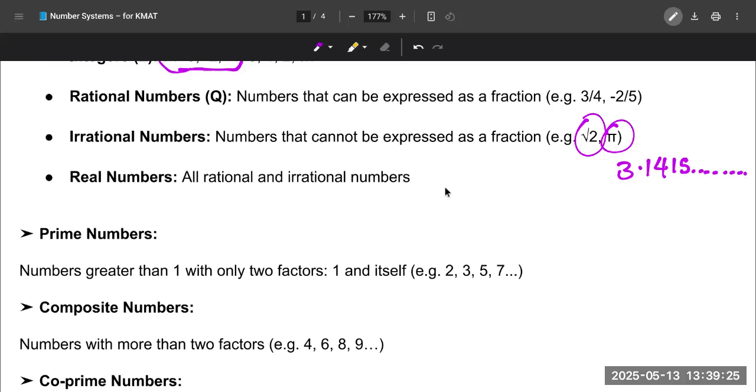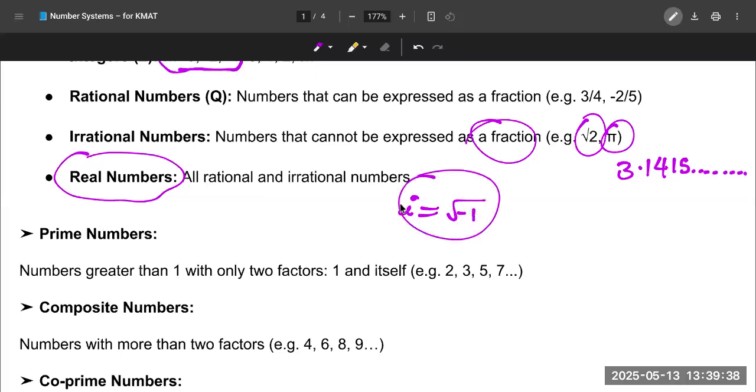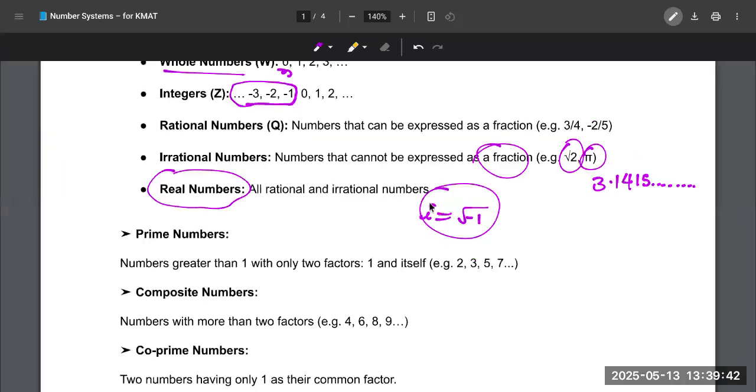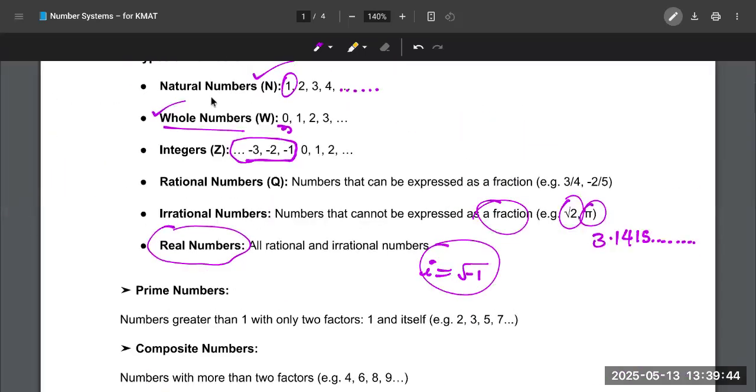So root 2, we cannot express it as a fraction. Then we have the real number system, and there is something called complex numbers, which you might have learned in 11th standard. Complex number system will not be asked for KMAT.